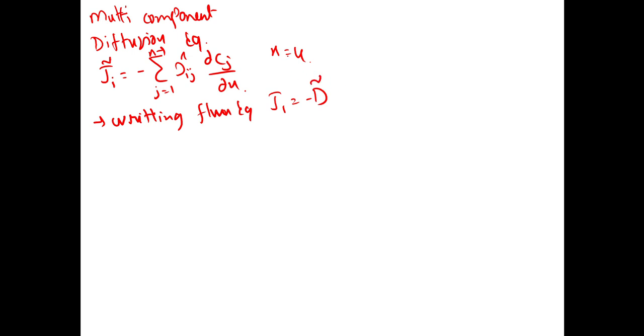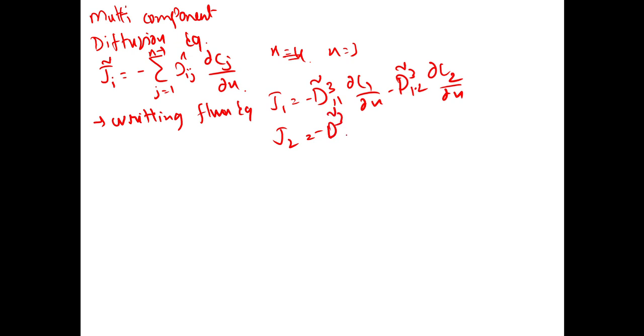I will write it for the ternary system, that is n equal to 3: D tilde 3 1 1 dou c1 by dou x, 3 1 2 dou c2 by dou x. J2 equal to minus D tilde 3 2 1 dou c1 by dou x minus 2 2 dou c2 by dou x.